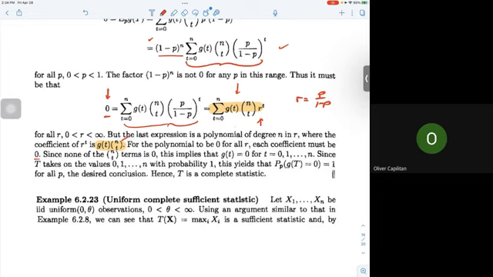So the desired conclusion: our family of distributions is complete, and it would also imply that our statistic T is a complete statistic.